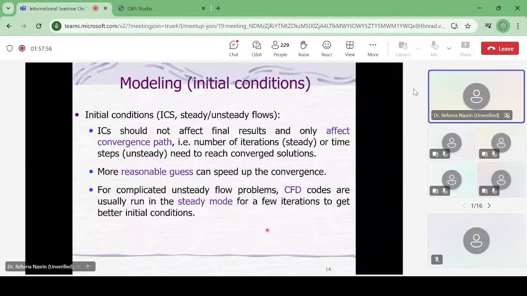So when we consider an unsteady problem, then the initial condition at time t equal to 0 second or 0 minute or 0 hour, what is the condition, and how long we can conduct, that is from 0 second to 50,000 second or 40,000 second, whatever you want. You have to mention all these things.